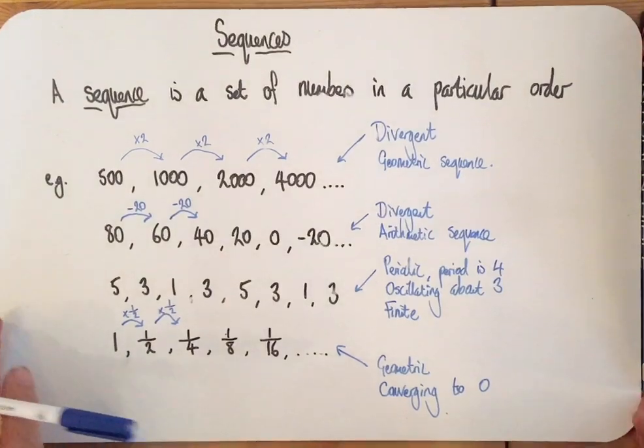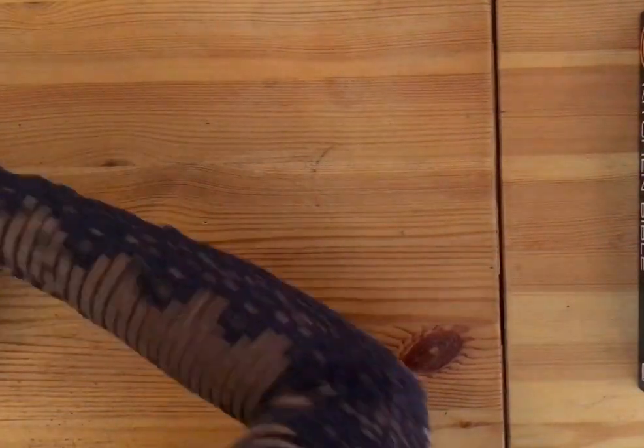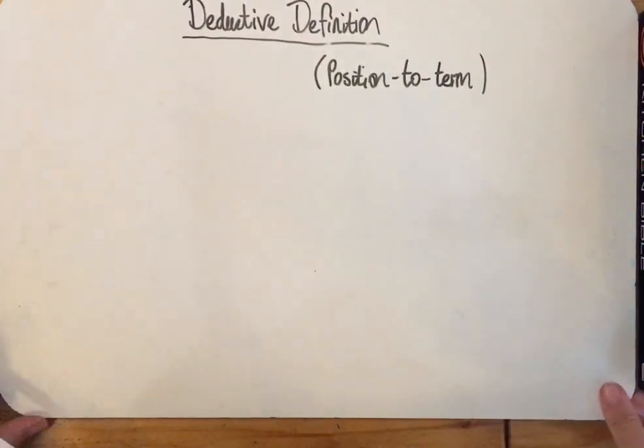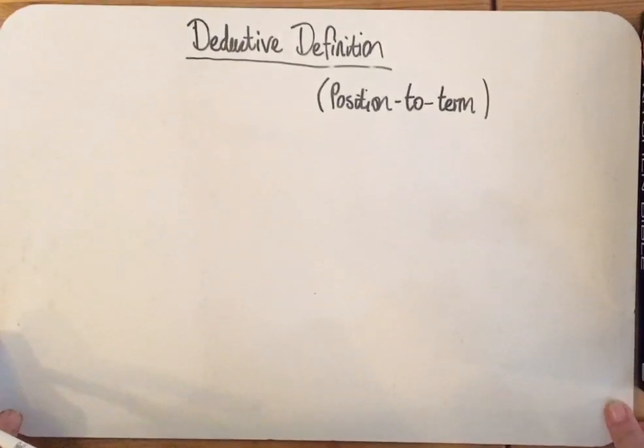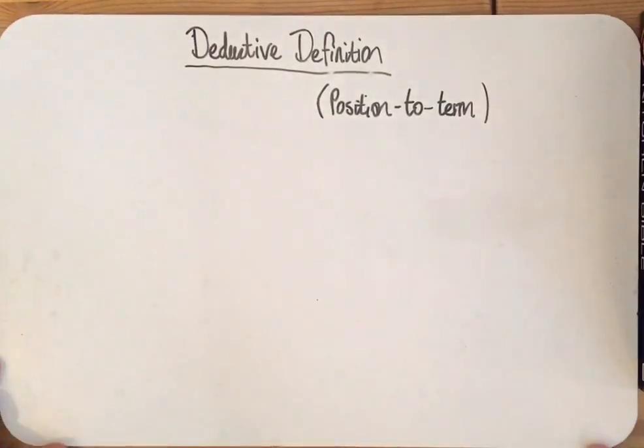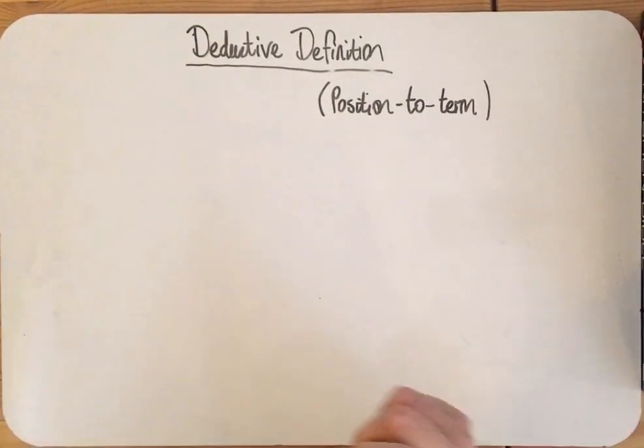Just checking my notes. Right, 2 sorts of definitions. First is deductive definition, which is like what you did at school when you found the nth term of a sequence. So that takes you from position to term.